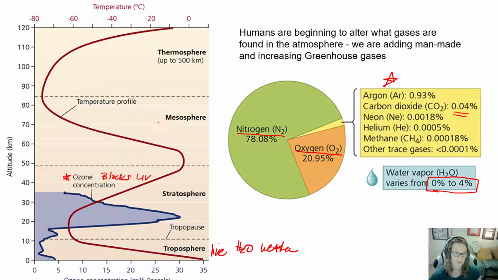And then we've got the mesosphere. That one's famous for dissolving a lot of the meteors. And the thermosphere is where we get those beautiful aurora borealis lights.